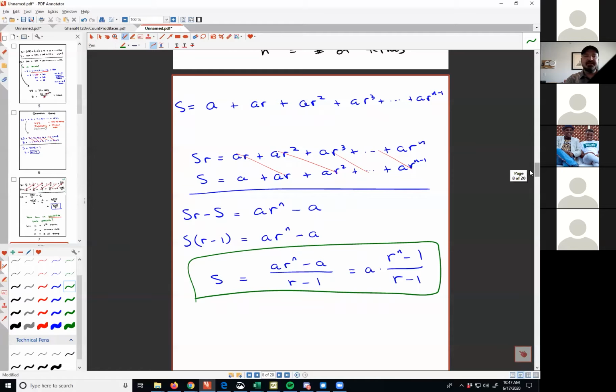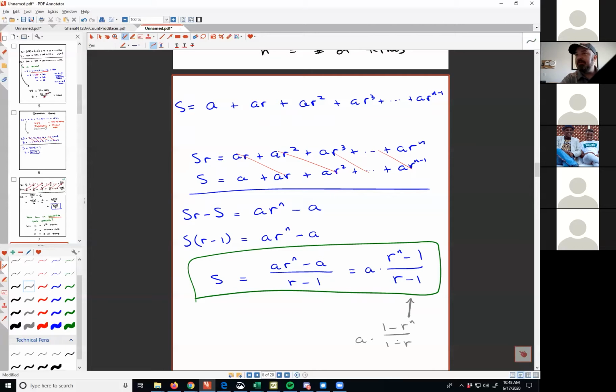Yeah, this will give you the value regardless of whether or not r is greater or less than 1. This will work. It just may be easier to compute it if you multiply the numerator and denominator by -1, then it looks like that. And it doesn't matter to me which you use.